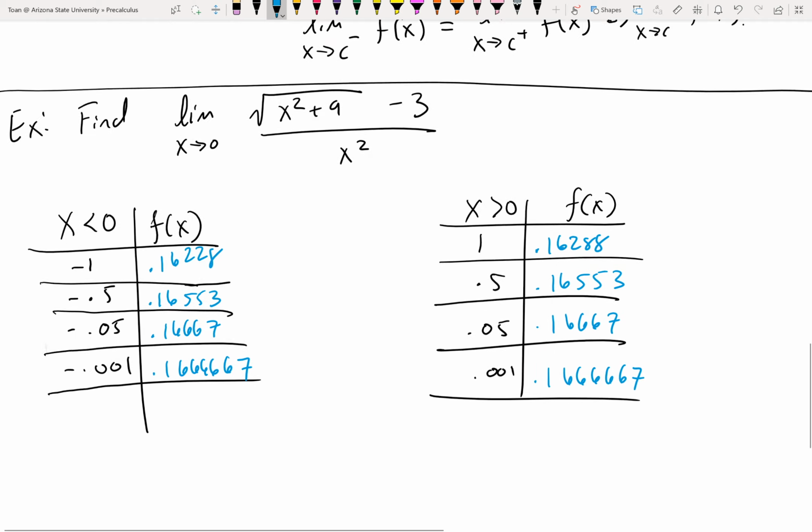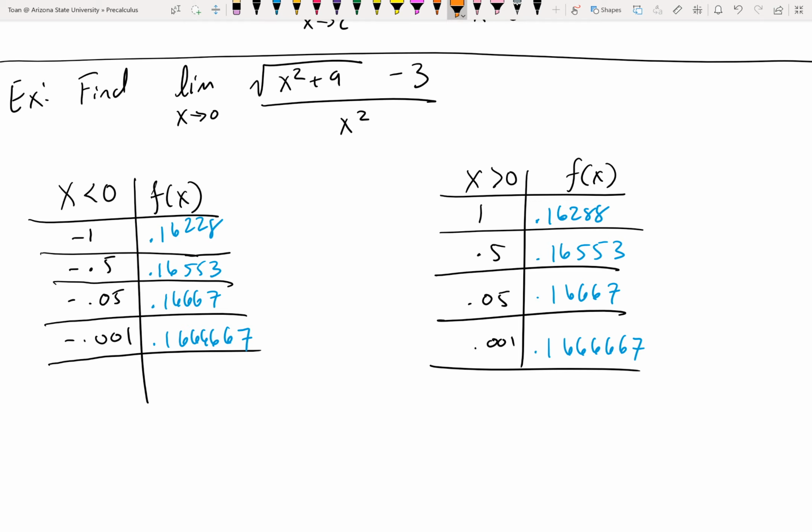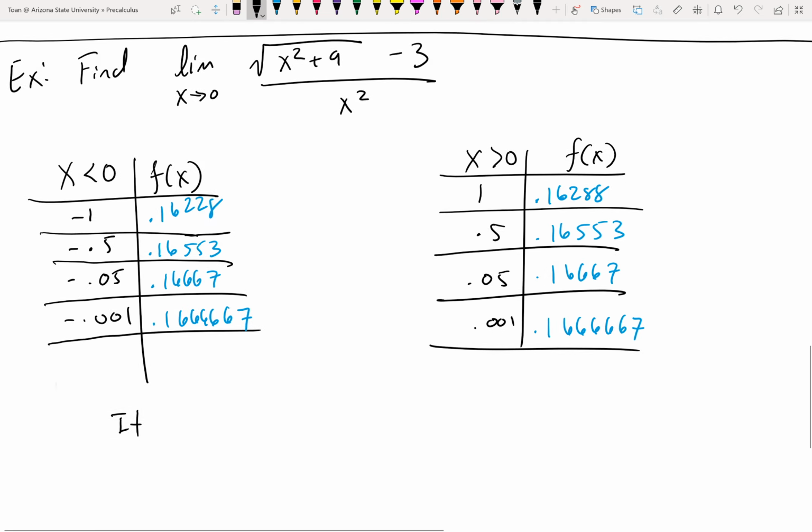So from this, you can see that yes, both the left-handed limit and the right-handed limit do exist. These numbers do seem to be converging towards one number. If I had to guess, it looks like it's converging to 0.1666666 repeated. So you don't have to write this, I'm writing this down from the notes.